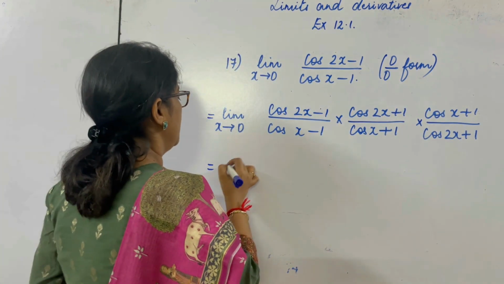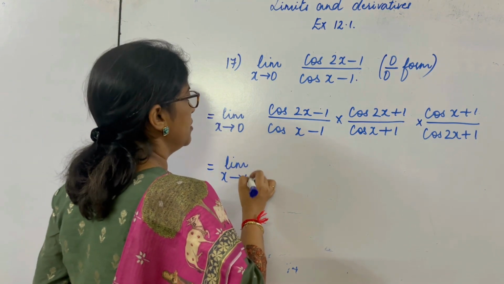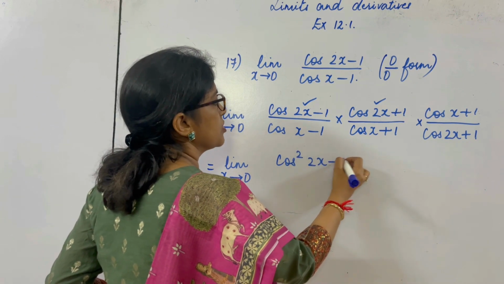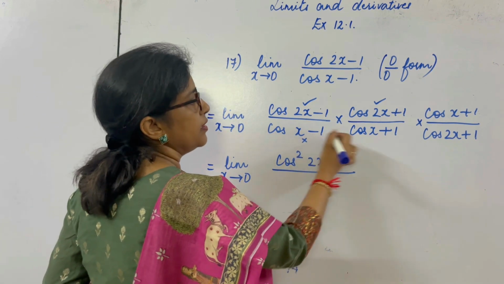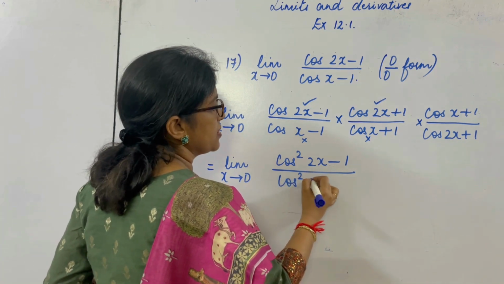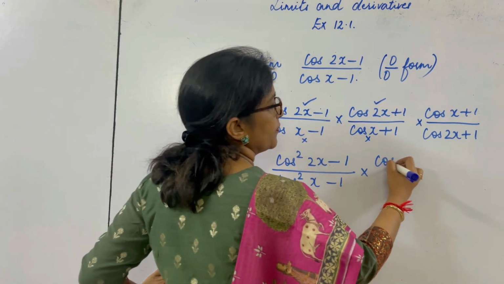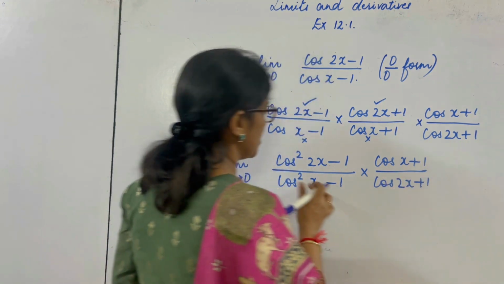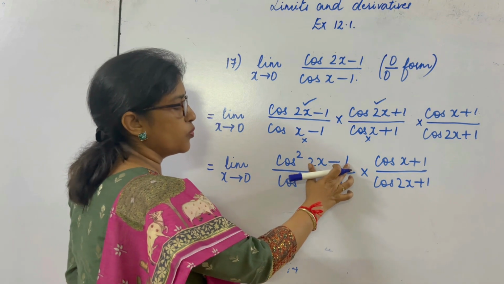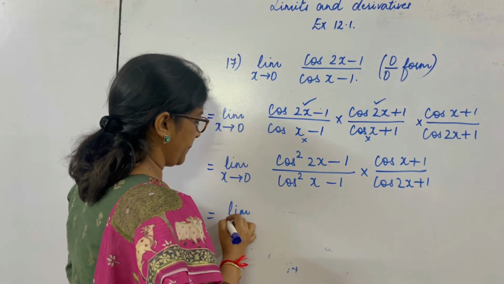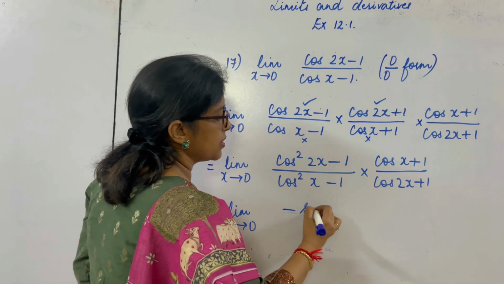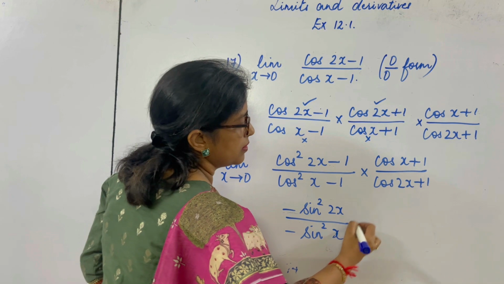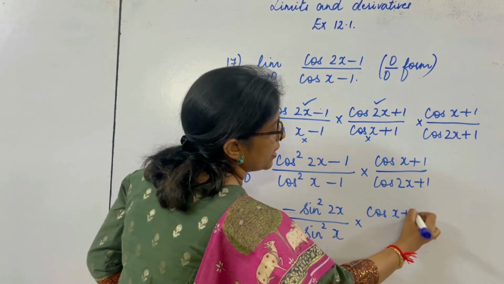Okay. So, the numerator term, when you combine this, we can get a square minus b square: cos square 2x minus 1 square, and denominator cos square x minus 1 square. That is a very simple formula which we have studied even in our earlier classes. So, cos square minus 1 is minus sin square x, minus sin square x. This term will be carried down as it is.